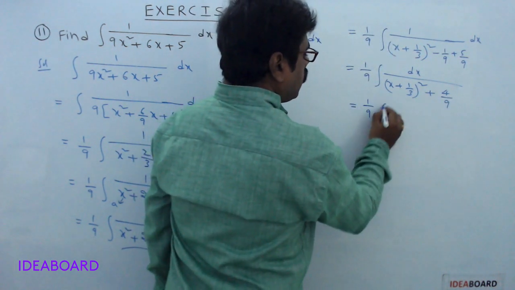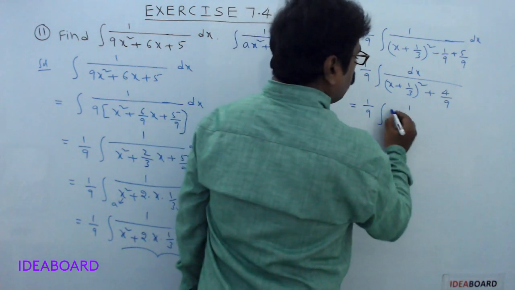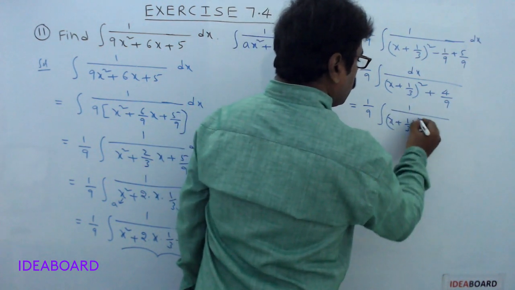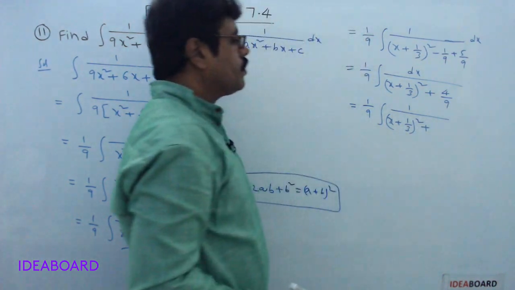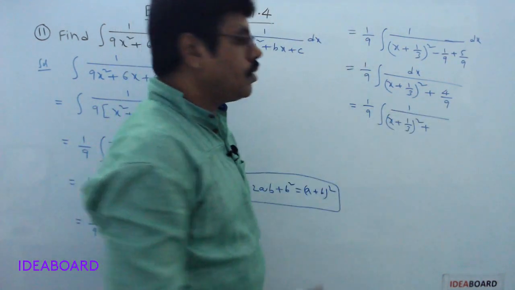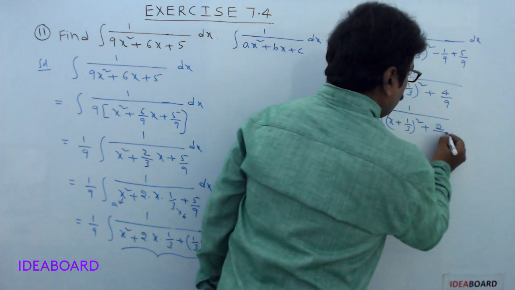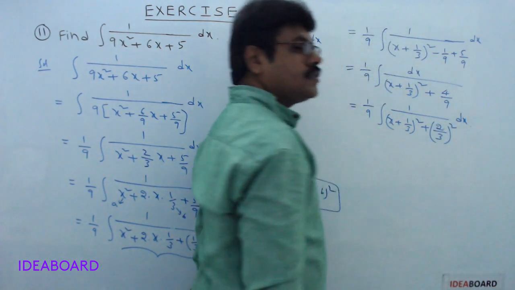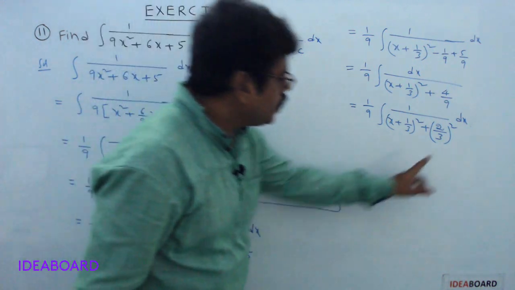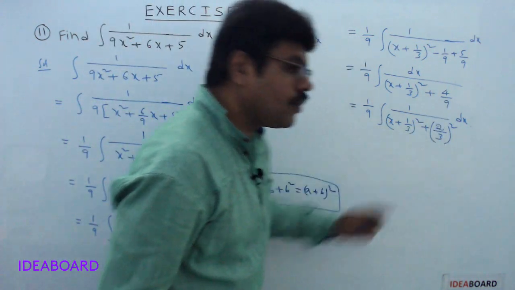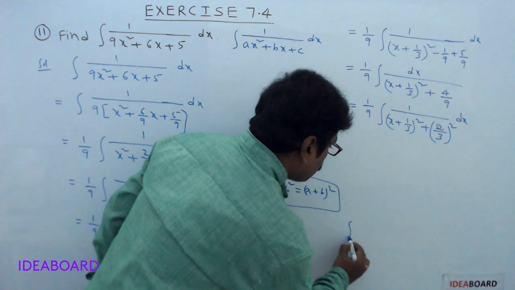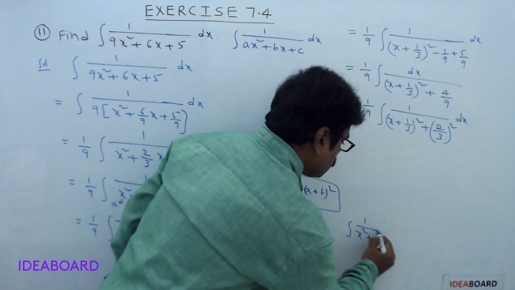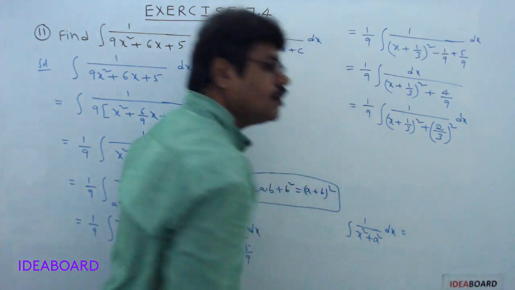This is 1 by 9 into integral 1 divided by (x plus 1 by 3) whole square plus 4 by 9, which can be taken as (2 by 3) whole square, dx. Now clearly this term is of the form like integral 1 divided by x square plus a square dx.